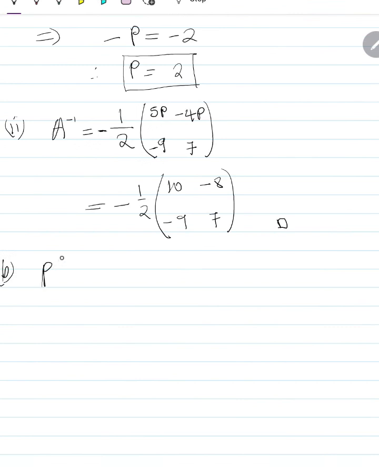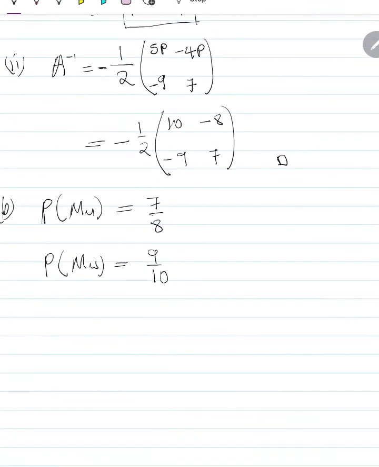So the probability of selecting Mutola, I will just denote it by MU, is equal to 7/8, and the probability of selecting Mwaba, I'll say MW, is equal to 9/10. Okay, now find the probability that only one of them is selected.